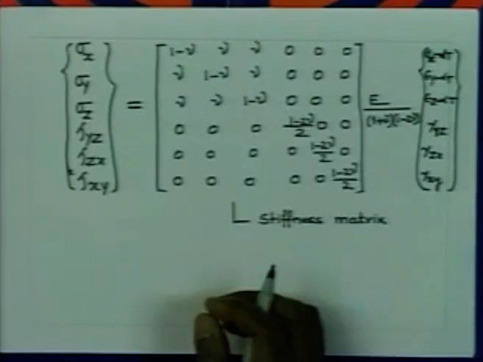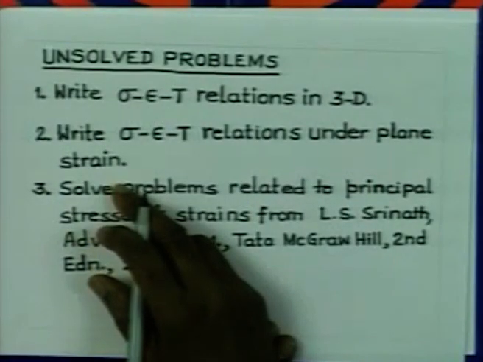Now, you should be able to consider some derivations with whatever we have talked so far. Think of problems like deriving these relations in 3 dimensions. Just now I have derived for you. Now, this is something which you must consider. Write the relations involving sigma, epsilon and temperature under plane strain condition.